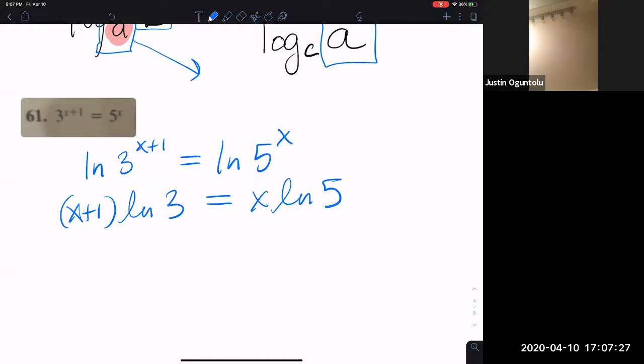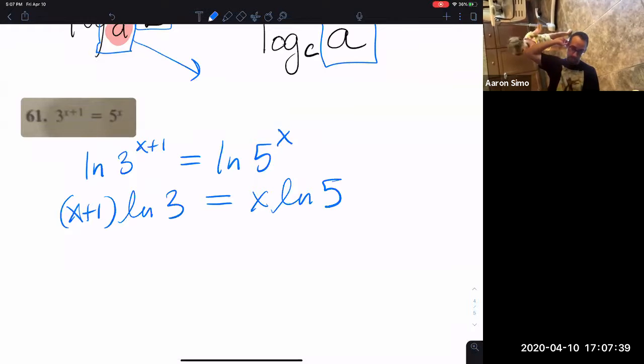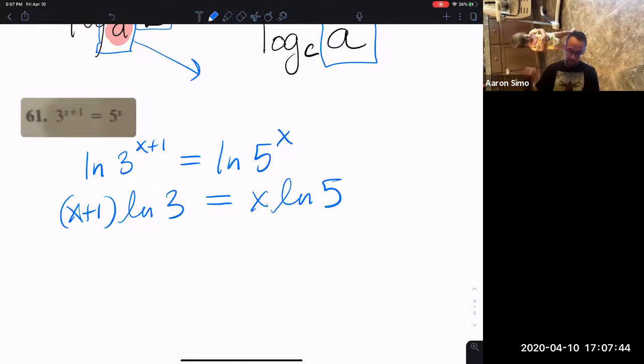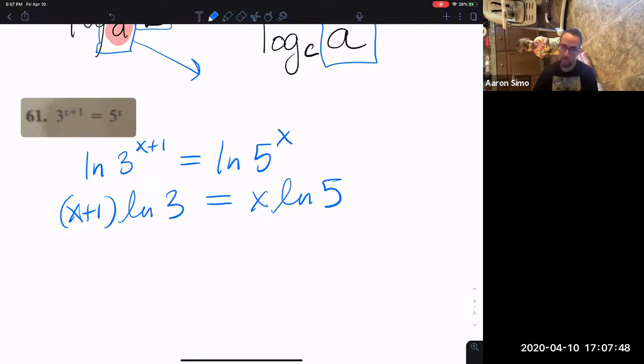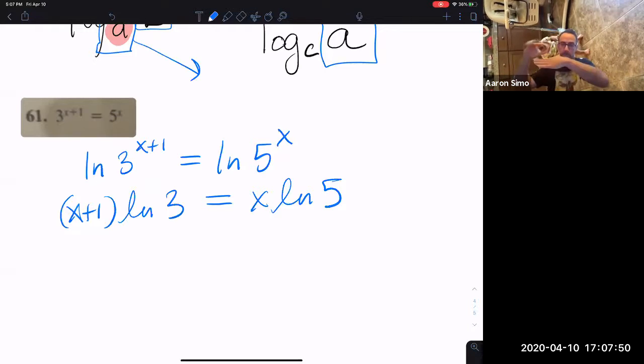I guess we could start by dividing both sides by x plus 1. You could do that. I don't like that idea because you're going to have x divided by x plus 1. I don't want a fraction with x on the top and x on the bottom.